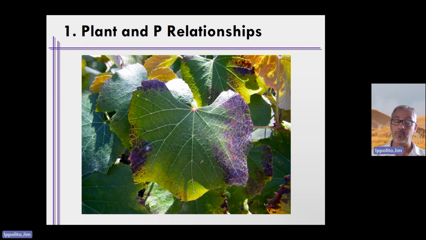And the leaves that are really, really big are the older leaves. This is a classic phosphorus deficiency symptom. P color, phosphorus color, it's phosphorus purple color in the older leaves, which equals phosphorus deficiency.